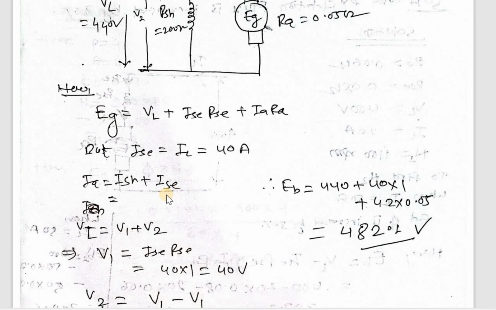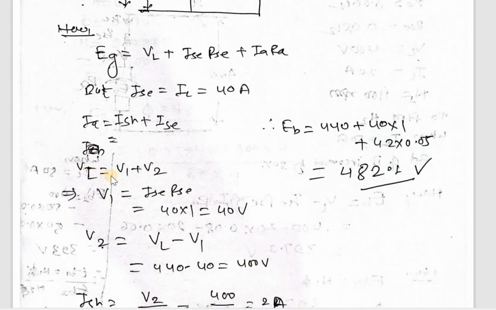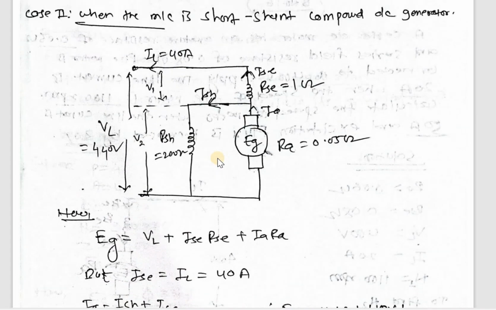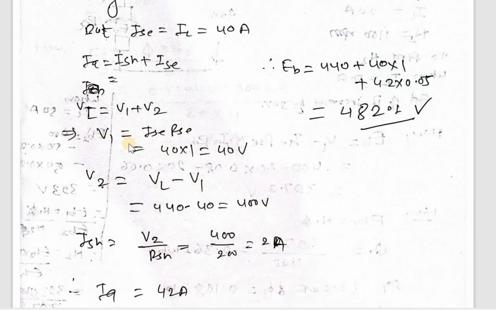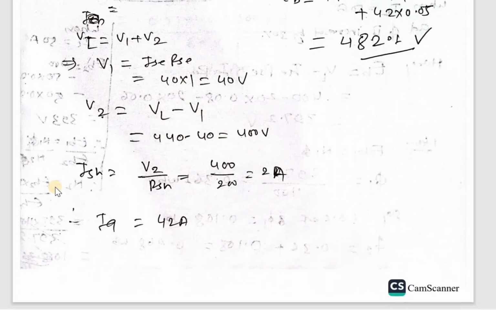VL equal to VT equal to V1 plus V2. So V1 equal to ISE into RSE, that is 40 volt, and V2 is equal to VL minus V1, that is 400 volt, and ISH equal to V2 upon RSH.